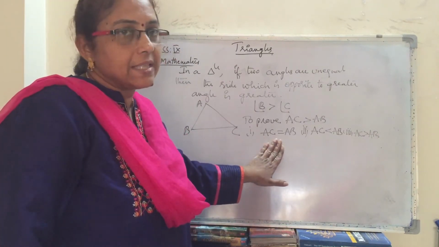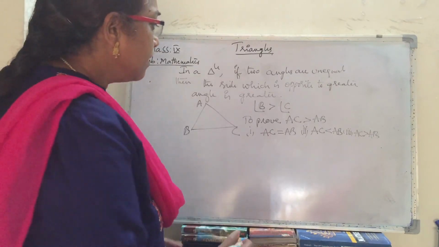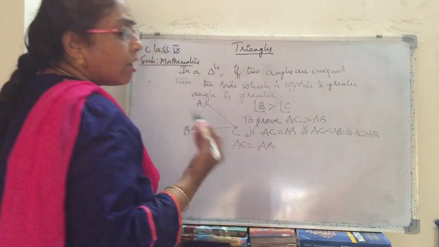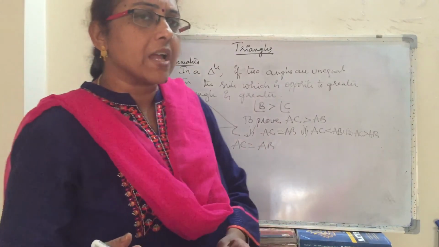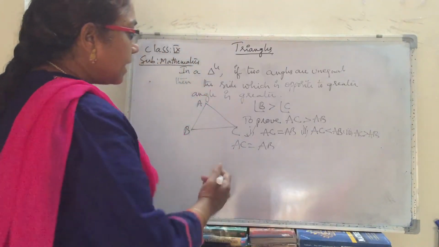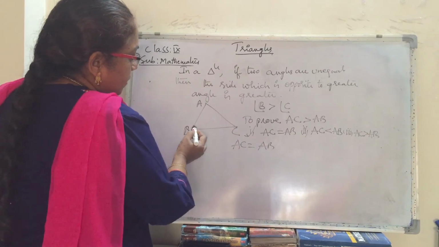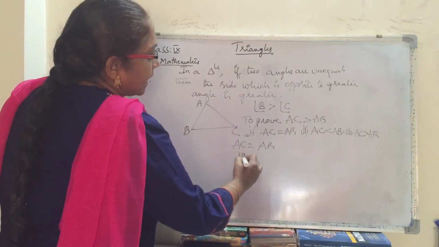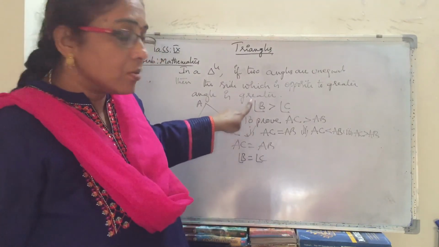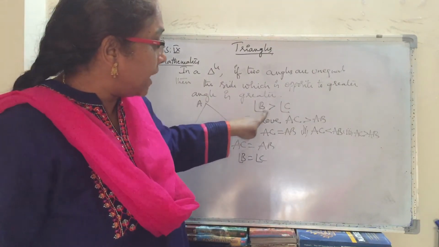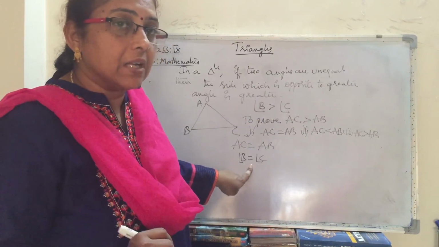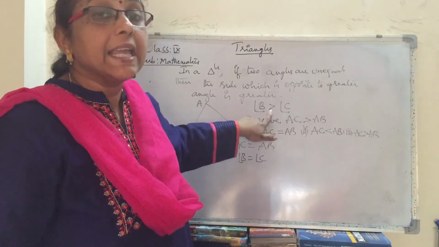Suppose we take AC is equal to AB, children. First condition. According to the properties of a triangle, if two sides are equal, then their opposite angles are equal. So AC's opposite angle is B, AB's opposite angle is C. Here you will get angle B is equal to angle C. But according to the given, angle B is greater than angle C. So this is a contradiction to our given part.